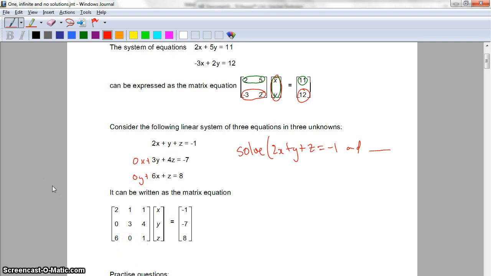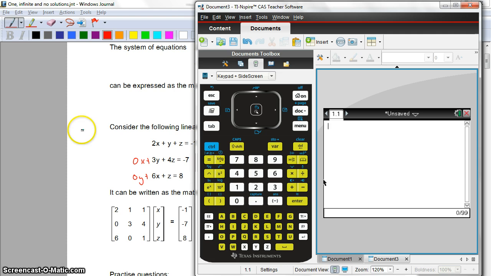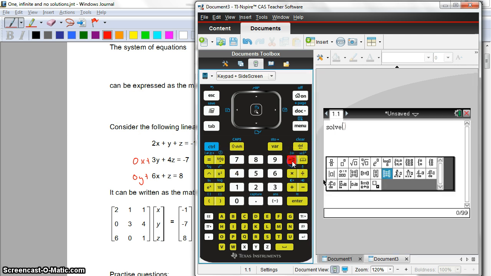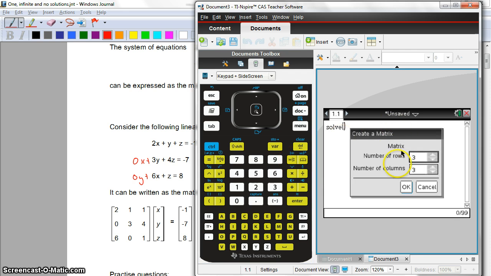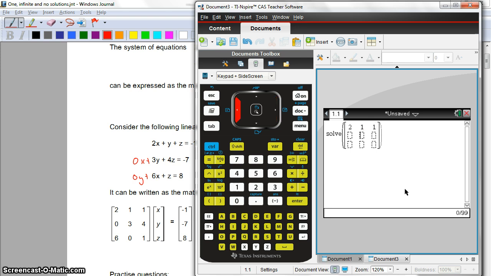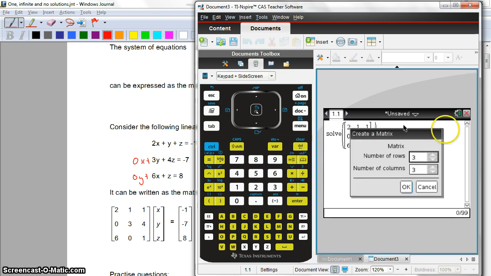So we'll go to our calculator. I'm going to say solve, and I'm going to put in a matrix. The matrix can be found using this button just here, and it'll ask me for rows and columns. I want 3 of each in this case. So 2, 1, 1, 0, 3, 4, 6, 0, 1, and I'm going to multiply that by the other matrix, which has 1 column and 3 rows.